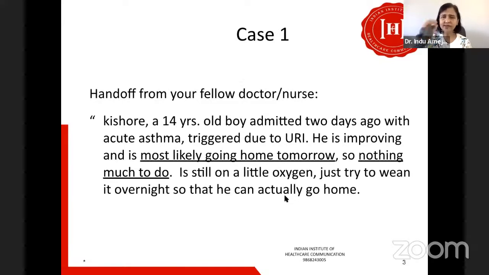So just take this case. I have underlined one line in this.